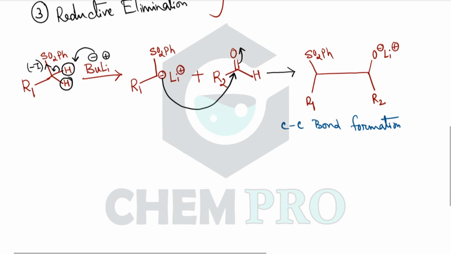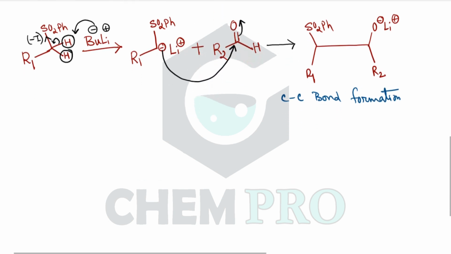Now the second step, that is O acylation. For that we have CH3COCl, and the O negative will attack this carbon and make the Cl minus leave.